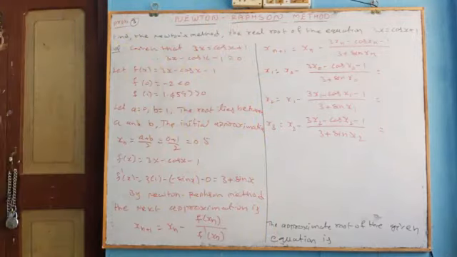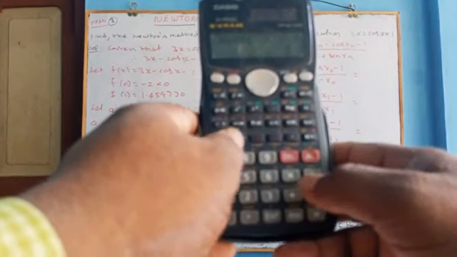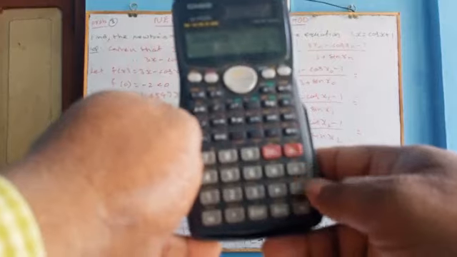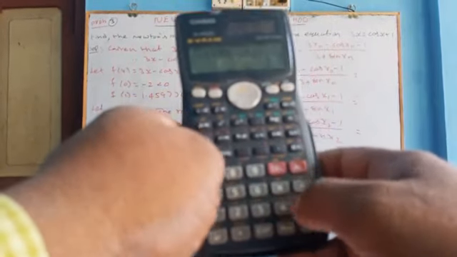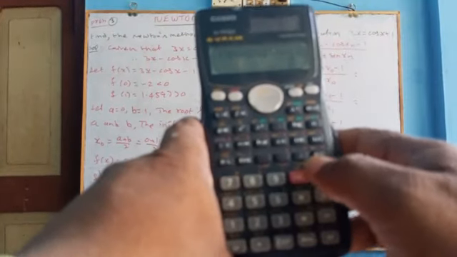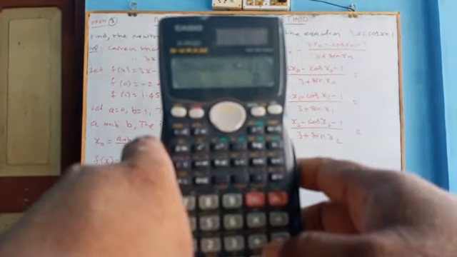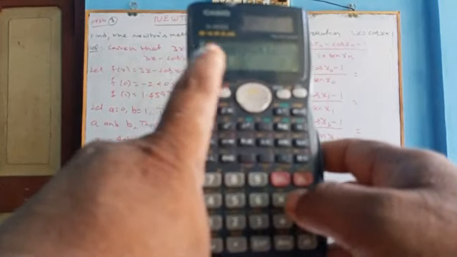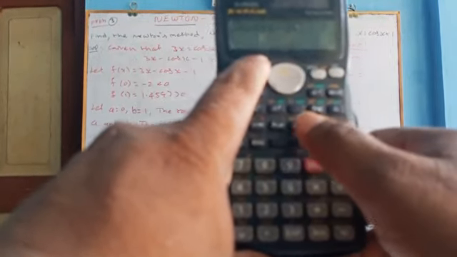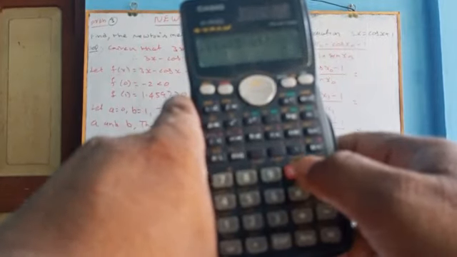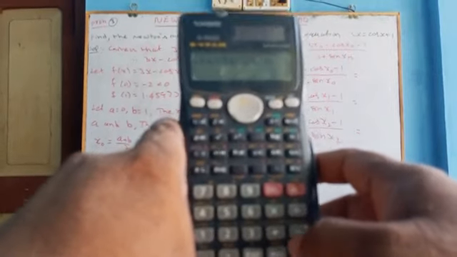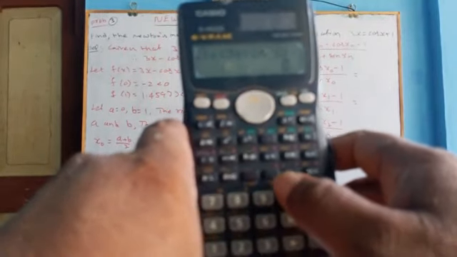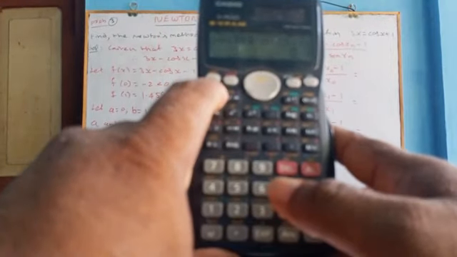So x minus, for the entire fraction take an open bracket, and for the numerator take an open bracket, 3x minus cos x minus 1, close the bracket for the numerator, divided by, and open the bracket for the denominator, 3 plus sin x, and close the bracket for the denominator, and close the bracket for the entire fraction, then calculate.